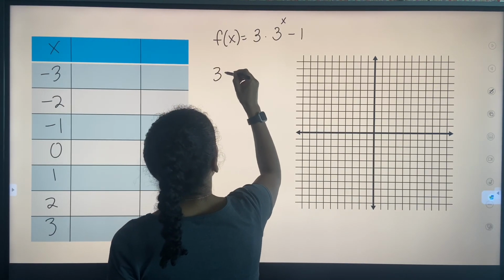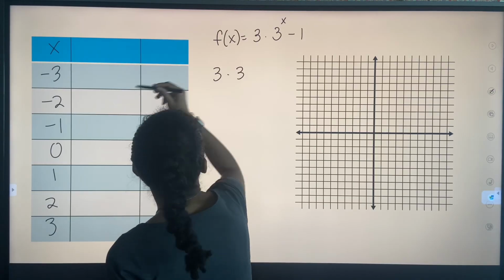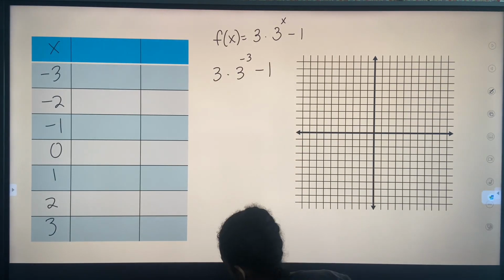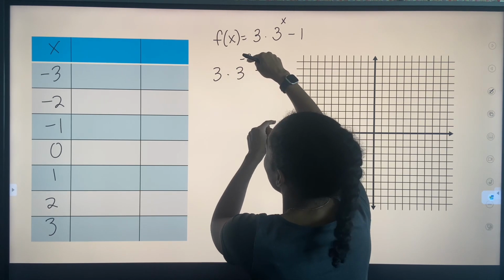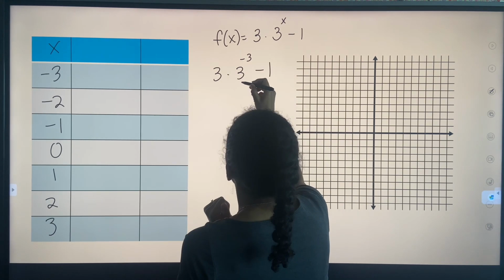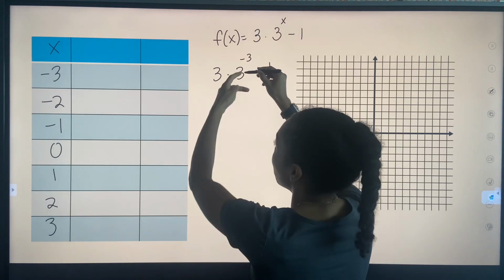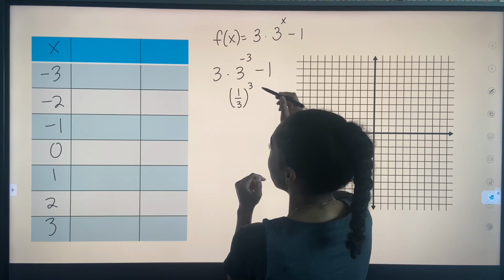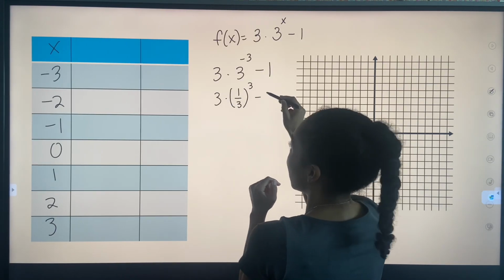So I have 3 times 3 to the power of -3 minus 1. Remember, whenever you have a negative exponent, you have to do the reciprocal of this base. So this base, the reciprocal, you flip it, it'll be 1/3. The exponent is now positive. Everything else can remain the same.